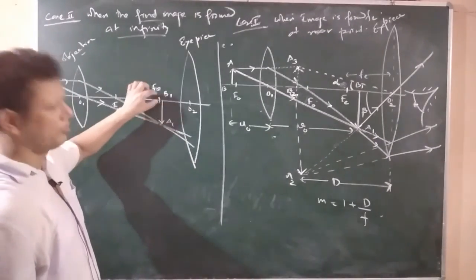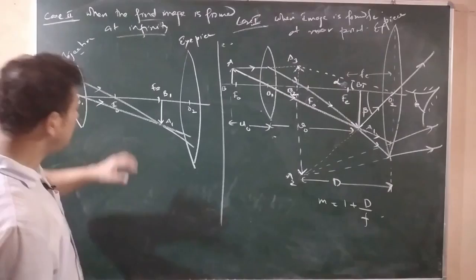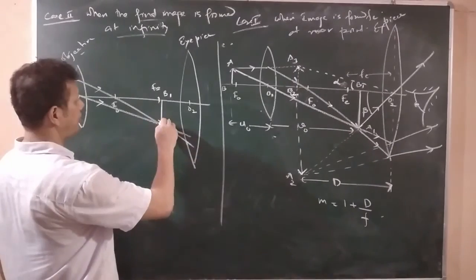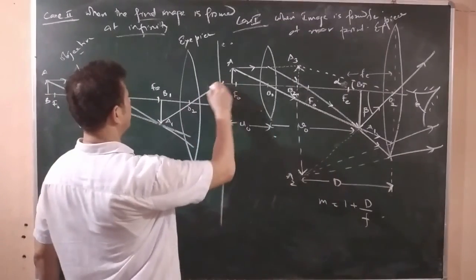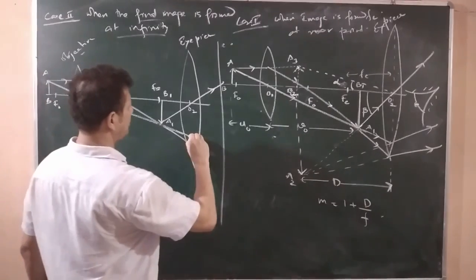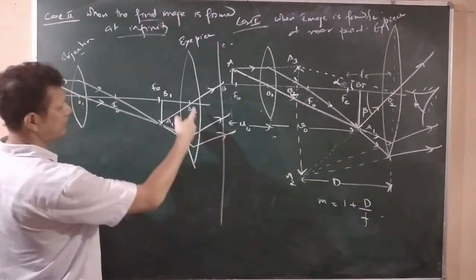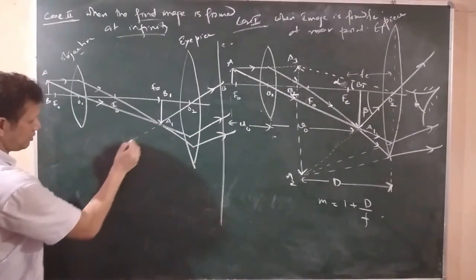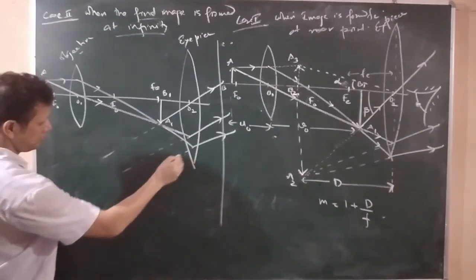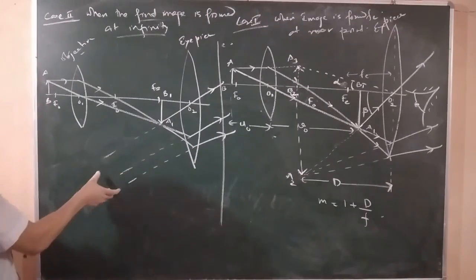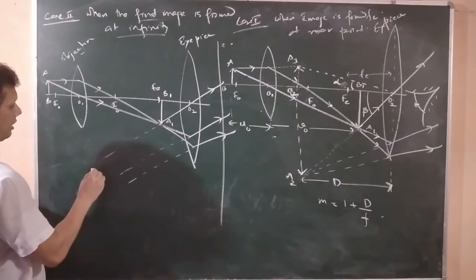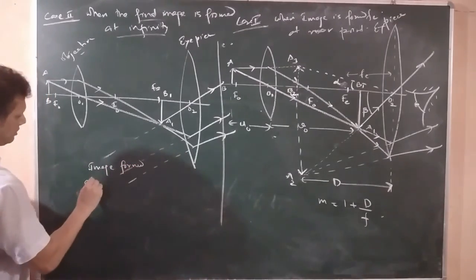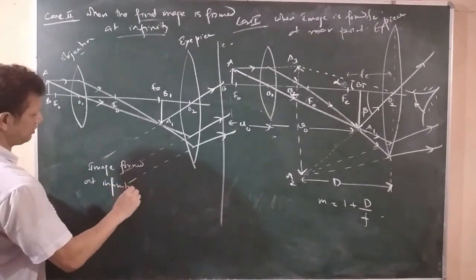Then the final image will be formed at infinity. All the refracted rays will get parallel to each other, so they will never meet. Like this, a virtual image will be formed somewhere at infinity.